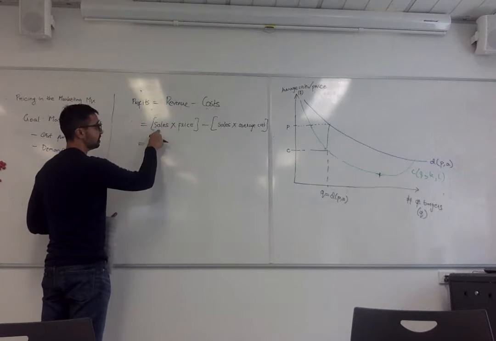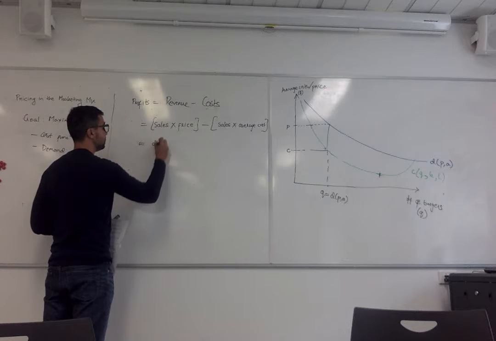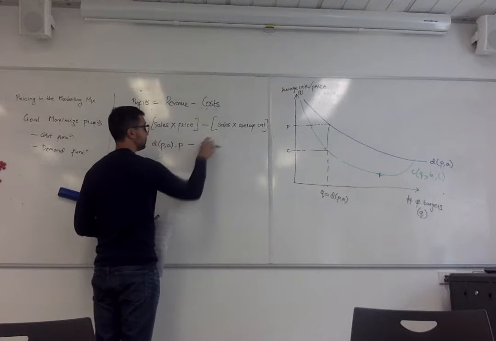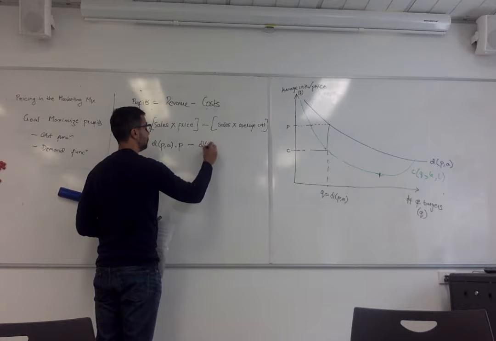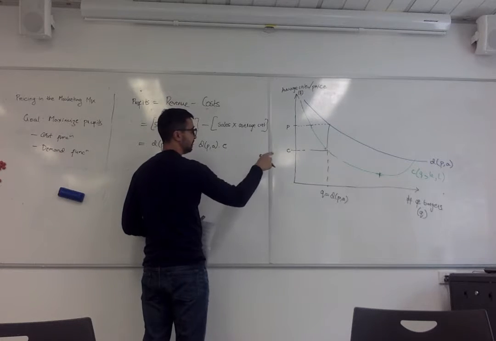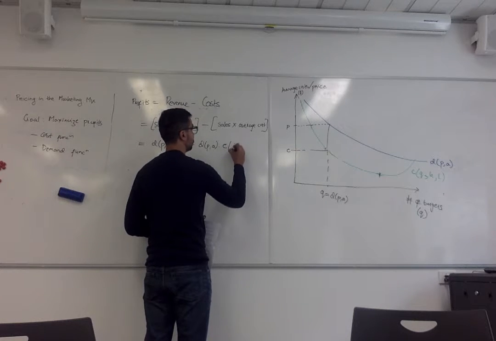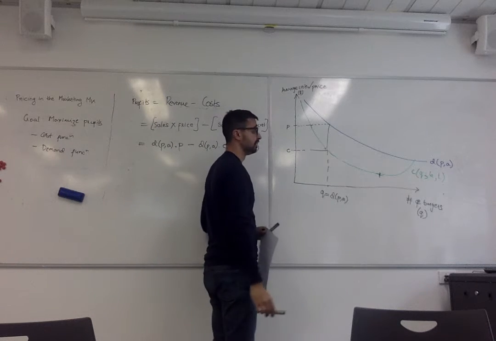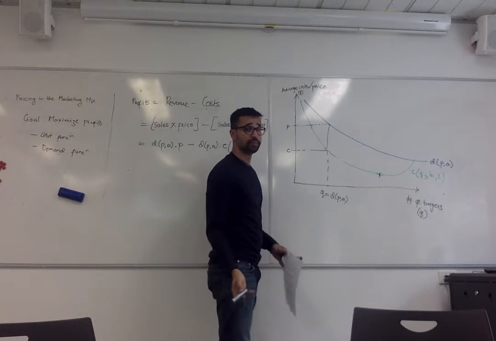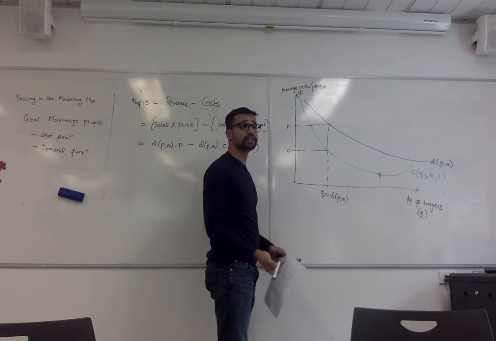So profit is given by D of P and A times the price, which is P, minus the sales, which are again D of P given A, times the average cost, which is C, and C is a function of Q given K and L, and we know that the level of demand will also be equal to the level of production, because we don't want to be making burgers that nobody's going to eat.